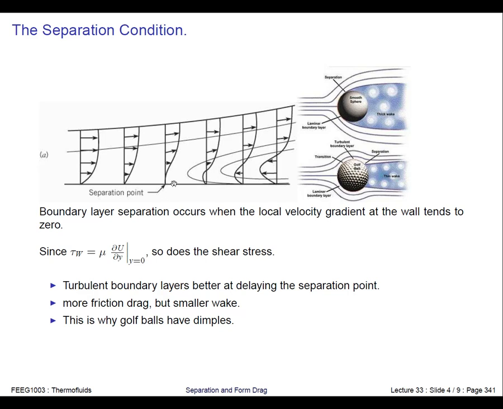You can define a separation point where the shear stress goes to zero, so where the velocity gradient goes to zero, and behind it you can start to get reversed flow. Flow is being sucked in from downstream because the forces effectively balance at this point. Laminar boundary layers are much more prone to separation than turbulent boundary layers, and this is a big issue when it comes to looking at the drag characteristics of objects.